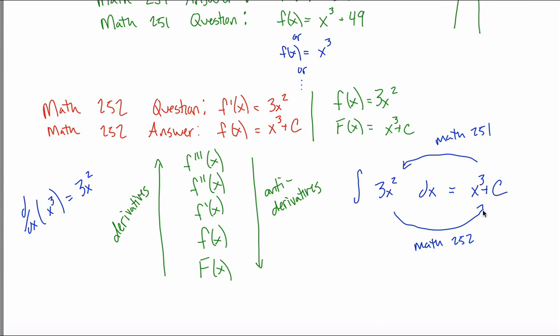So in the next video, we're going to start to learn some of the more basic methods for taking antiderivatives. And what we're going to see is it quickly gets very complicated, and so we'll have to keep the questions fairly simple for now, but we'll spend the majority of the rest of this class, or at least the majority of what we have not yet seen in Chapter 5, dealing with exactly this. How do you undo what you did in Math 251?